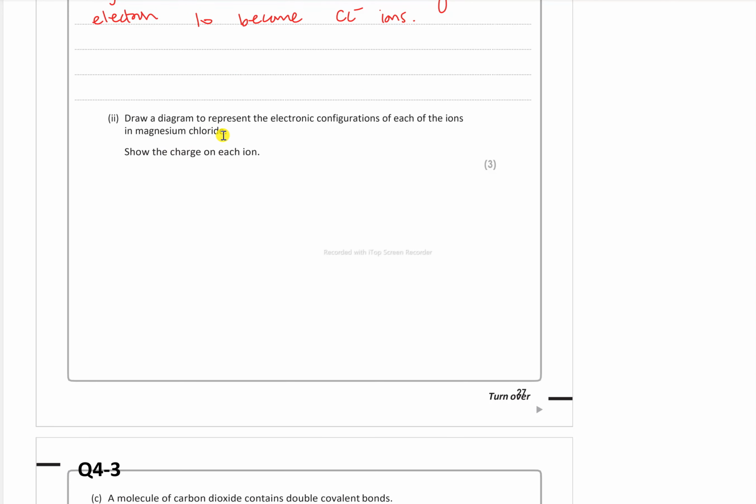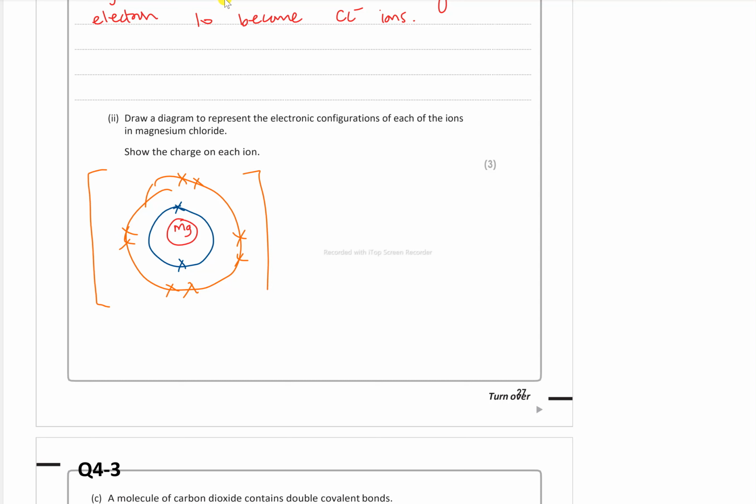Draw a diagram to represent the electronic configurations of each of the ions of magnesium chloride. So what you do, because it's an ion, you're going to have a square bracket. If we label that up Mg, our first shell has got 1, 2. Our next one's got 1, 2, 3, 4, 5, 6, 7, 8. So what's happened is it's lost the outer shell.